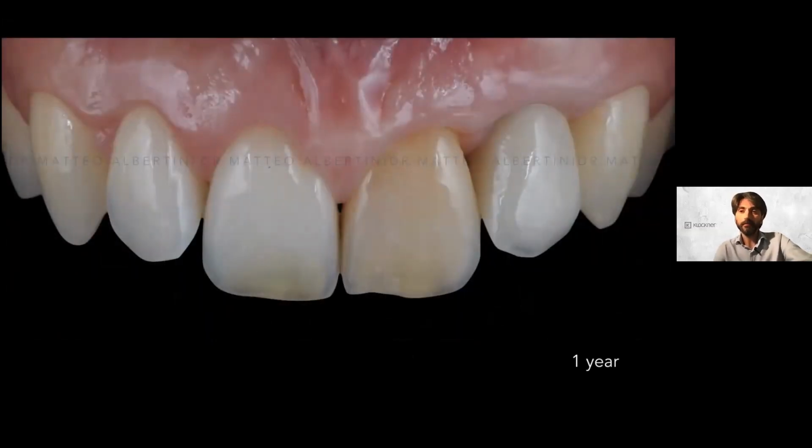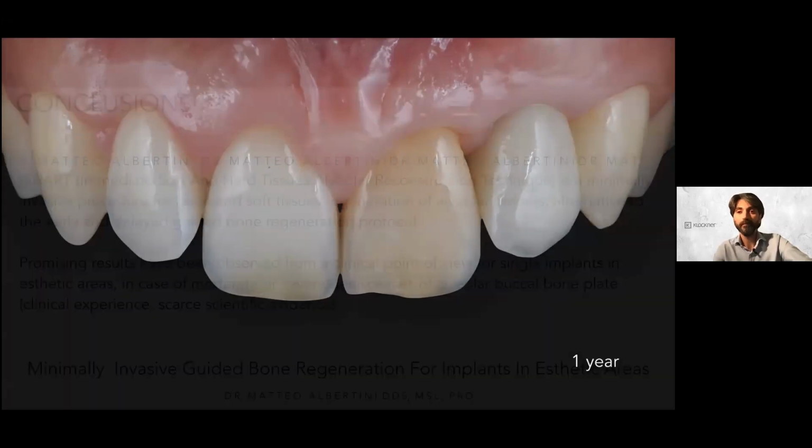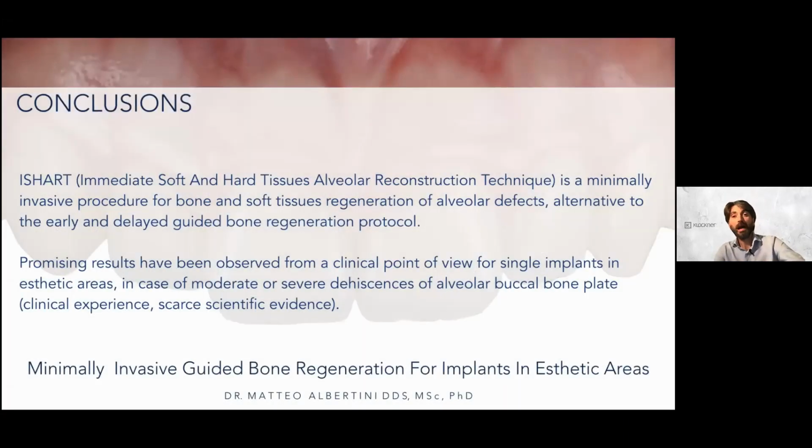And you can see the clinical picture after 1 year. So, I would like to give you some take-home message of this presentation.